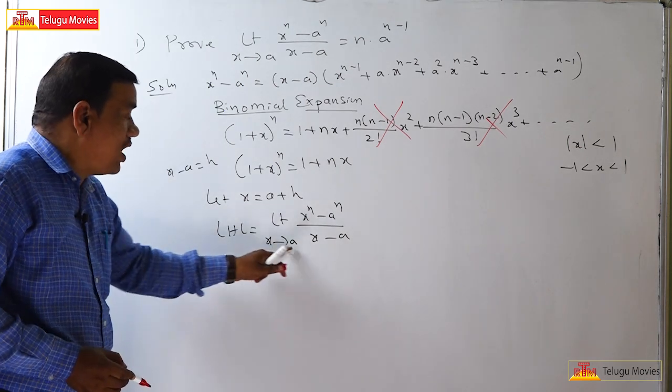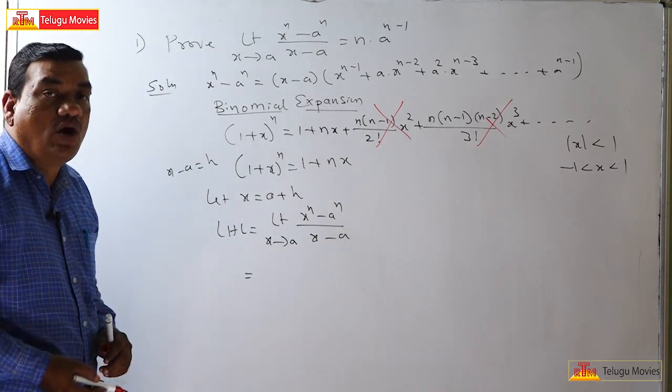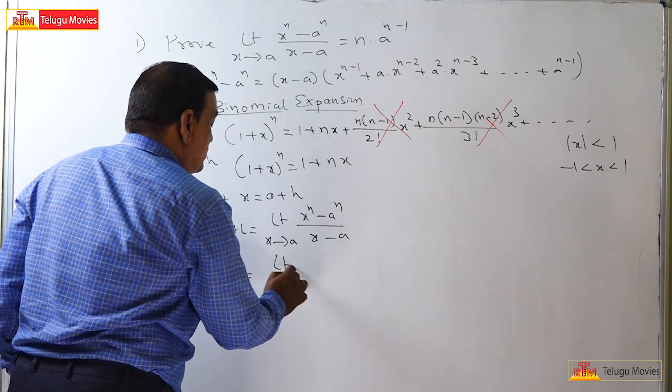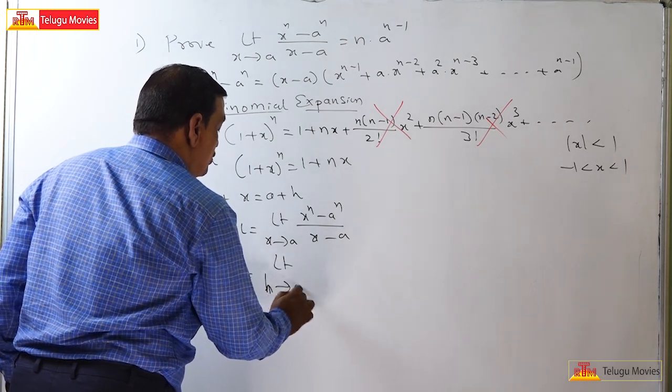As x approaches a, h approaches 0, that means limit h tends to 0.